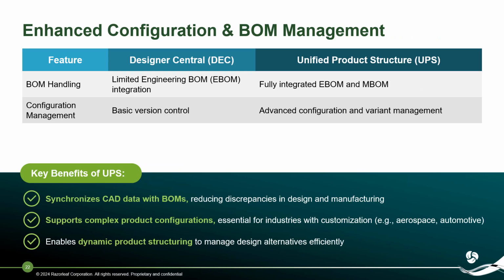Some of the key benefits of UPS: enhanced configuration and BOM management. So BOM handling in Designer Central is limited to engineering for the most part, and then Unified Product Structure is fully integrated with your product configurations as well. Configuration management: basic version control in Designer Central, and in Unified Product Structure, advanced configuration and variant management.